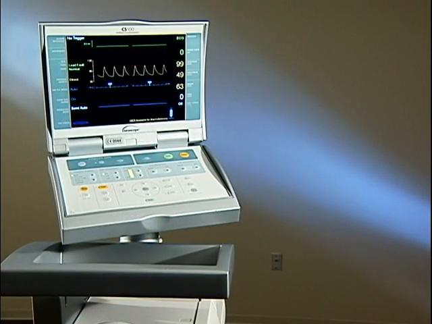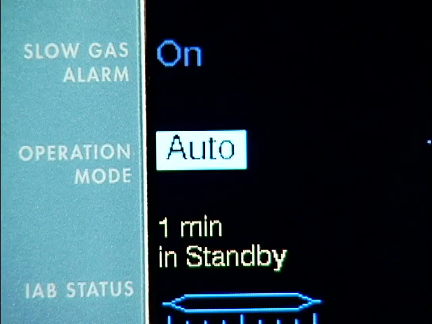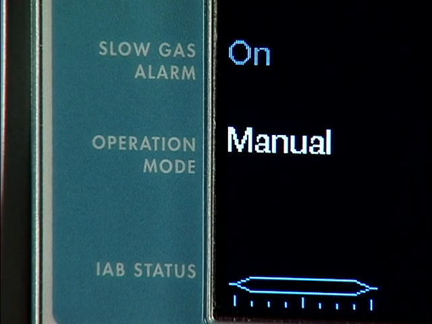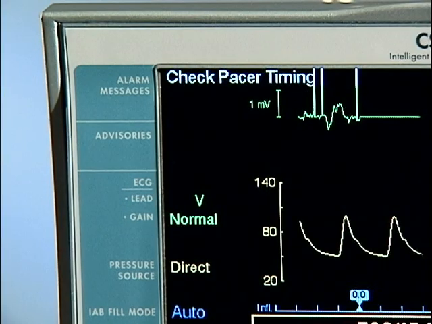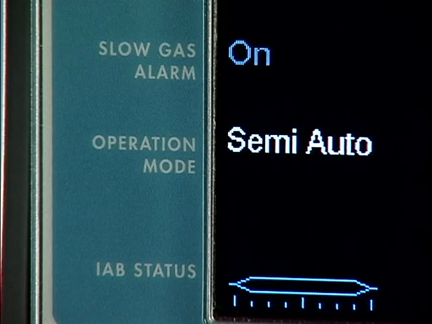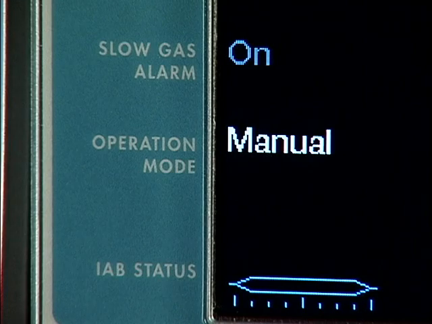The occurrence and response to these alarms differs somewhat depending on whether the system is in auto operation mode or semi-auto and manual operation mode. For instance, no pressure trigger, check pacer timing, and trigger interference occur only in semi-auto or manual mode.